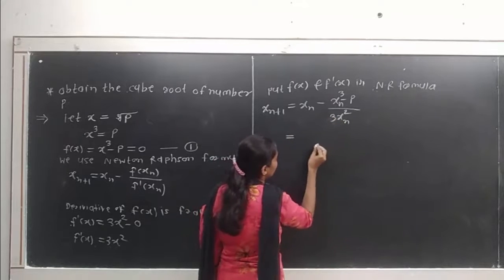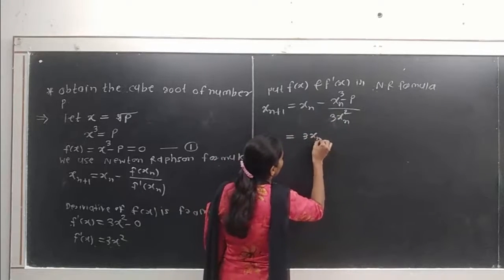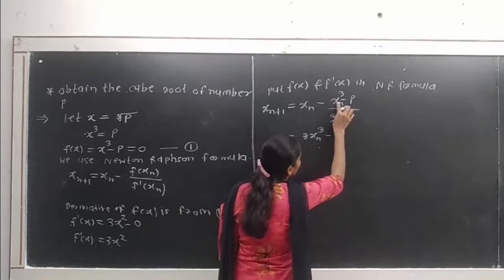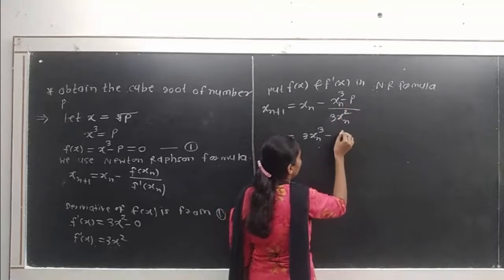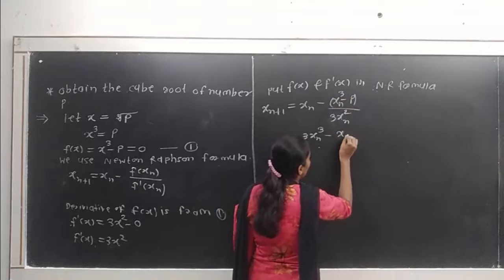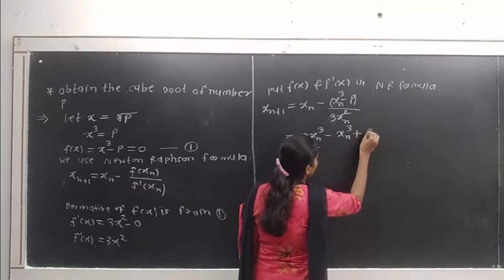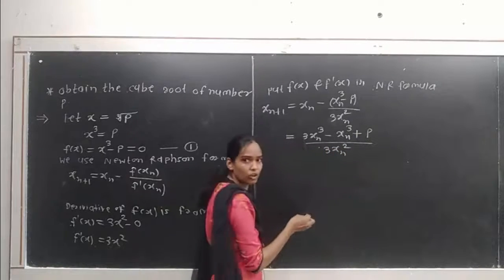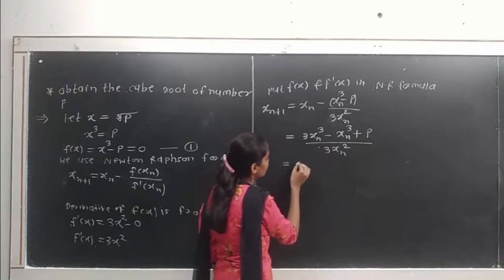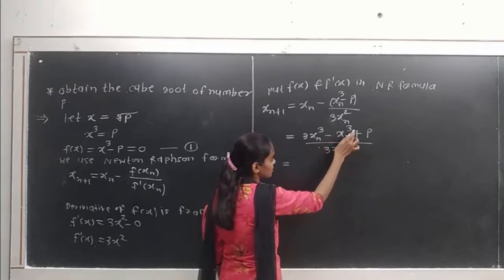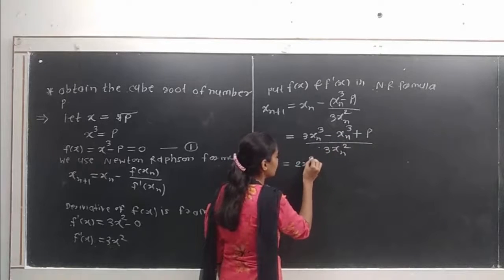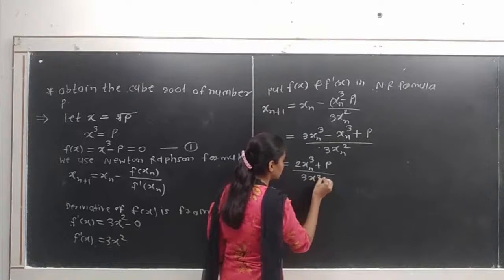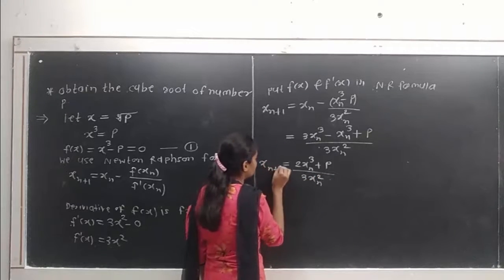By taking cross multiplication, we get 3 x n square into x n, that is 3 x n cube, minus x n cube, minus minus becomes plus p, divided by 3 x n square. We get 3 x n cube minus x n cube, which is 2 x n cube plus p, divided by 3 x n square, is equal to x n plus 1.